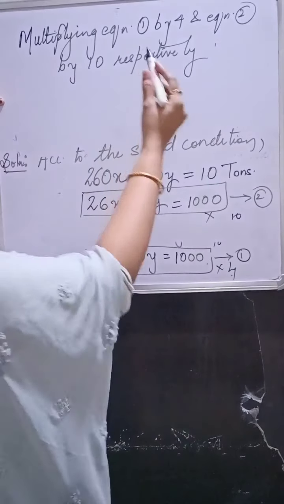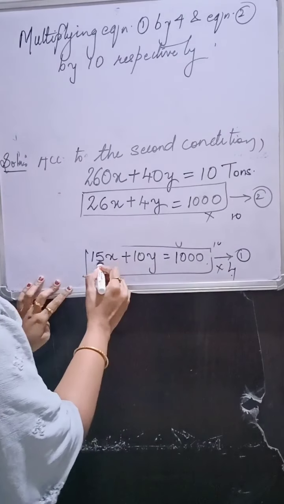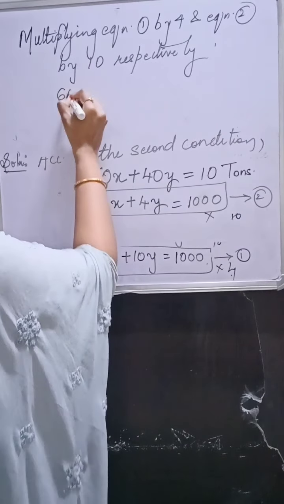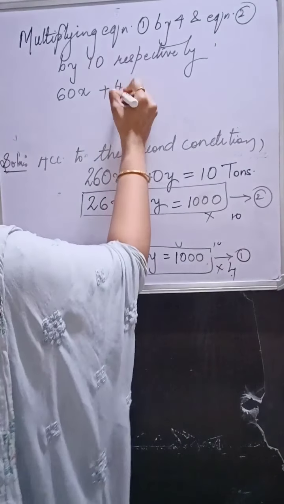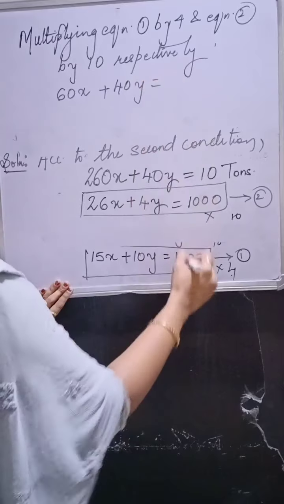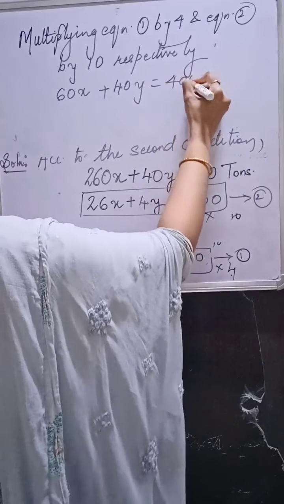Multiply equation 1 by 4. So 15 fours are 60x plus 10 into 4 is 40y is equal to 1000 into 4 is 4000.